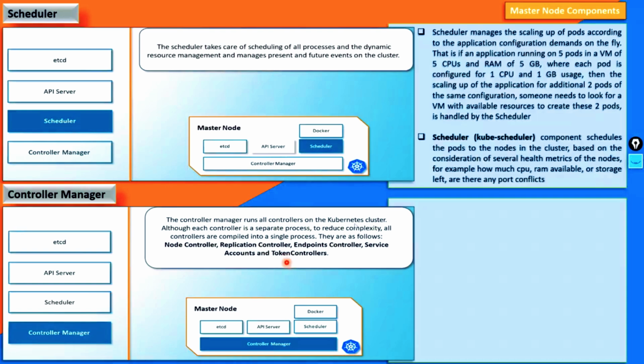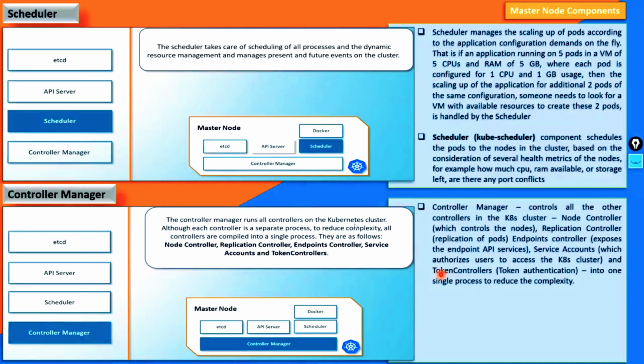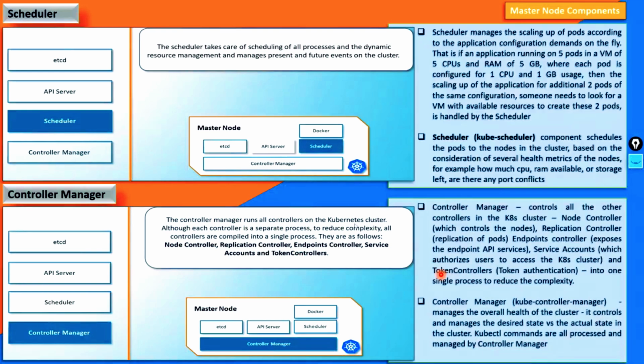So it is not only the controller manager. You can visualize the controller manager as a manager which has all these components, or controllers, in turn. The controller manager manages the overall health of the cluster. It controls and manages the desired state versus the actual state. That is important.